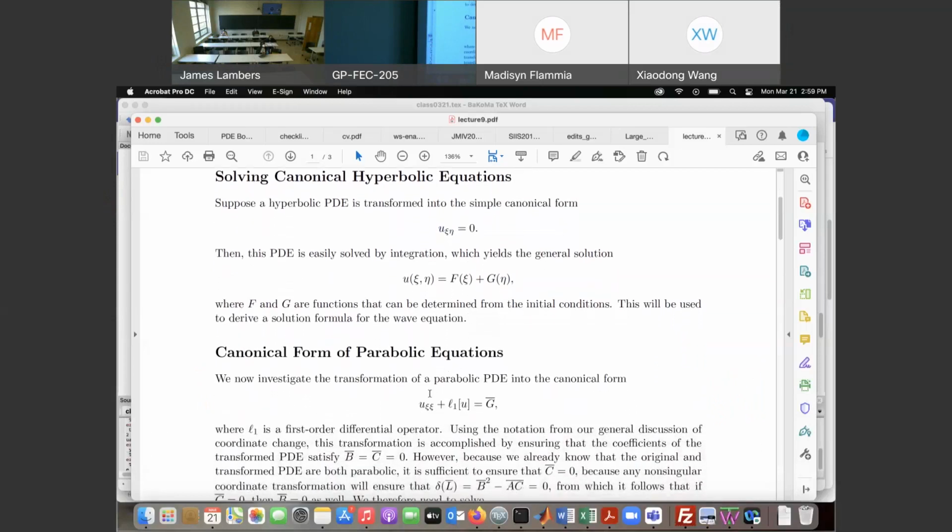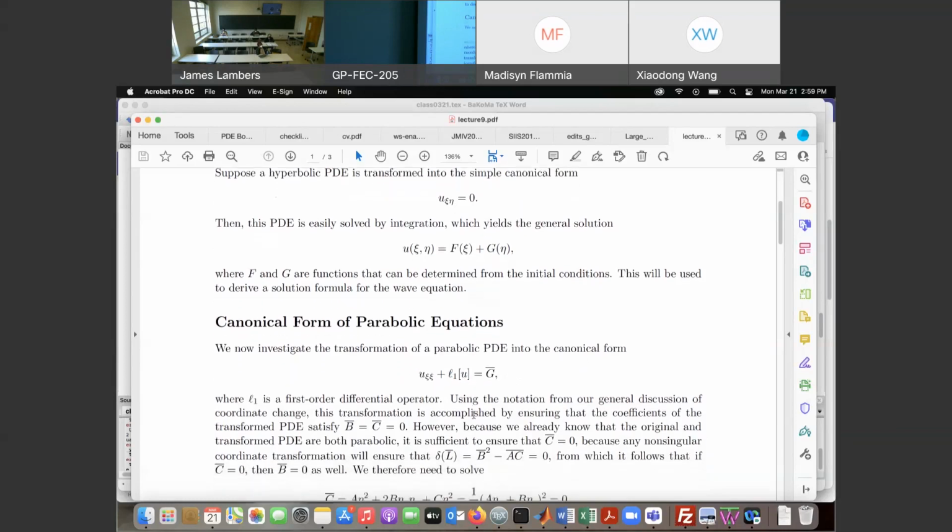Well, for example, if it's parabolic, this is a canonical form that you can aim for, where A bar is non-zero, but it's possible to make B bar and C bar equal to 0, and then this is a first-order differential operator, meaning that it consists of first partial derivatives of u with respect to either of your variables, but not second partial.